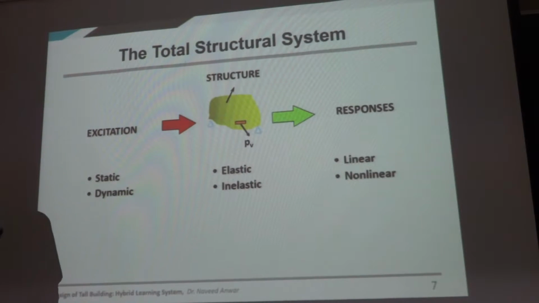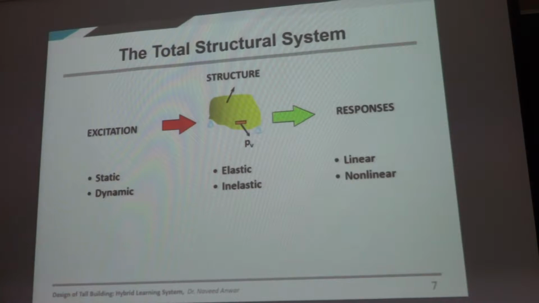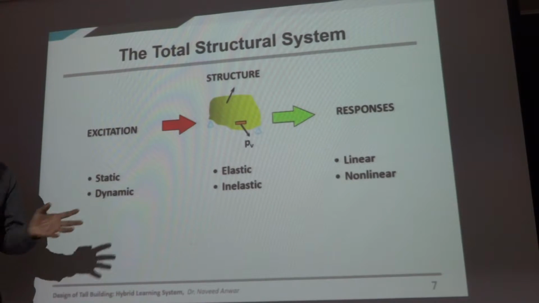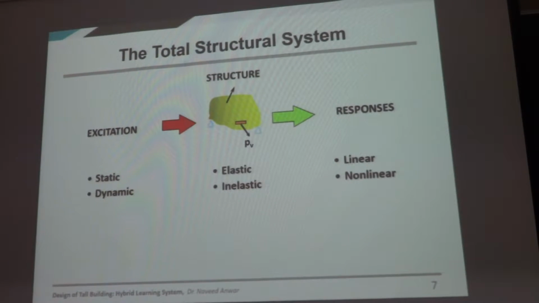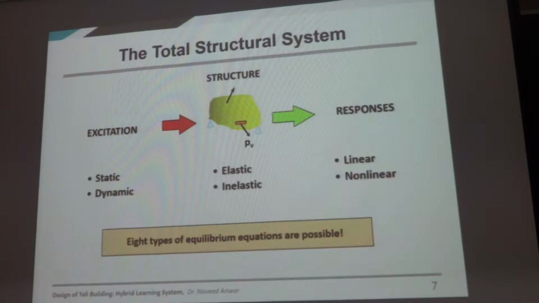And that is what we should be trying to do. So the finite element itself gives us the opportunity to do all of that. So 8 types of equilibrium equations are possible, as I mentioned. Later we will get an equation to do that.